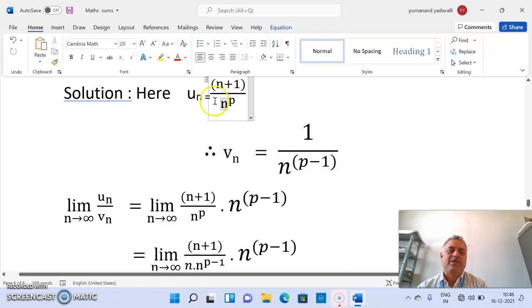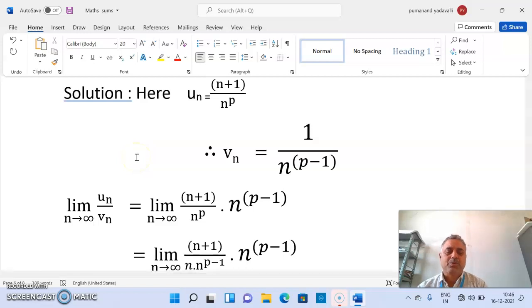So we take un and Vn and we consider the value of limit n tends to infinity un by Vn. If limit n tends to infinity un by Vn is L, where L not equal to 0, then by comparison test un and Vn converge or diverge together.